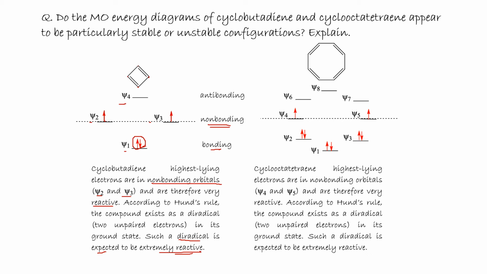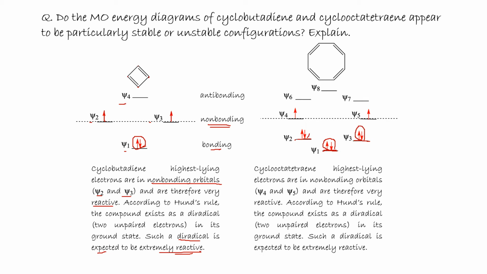What about the cyclooctatetraene? Again, we have 8 molecular orbitals. We have 1, 2, 3 bonding, psi 1, psi 2, psi 3, and we give each one of them 2 electrons, so we are done with 6.